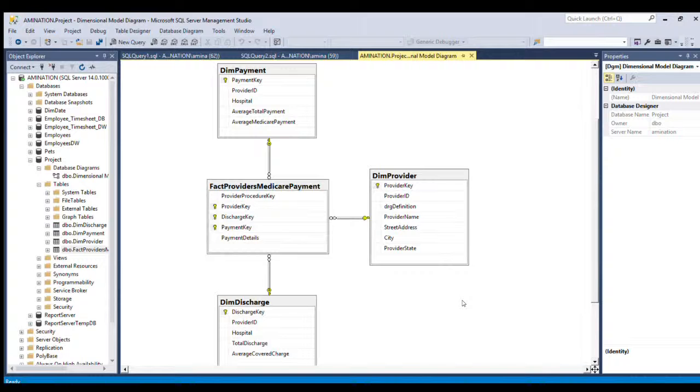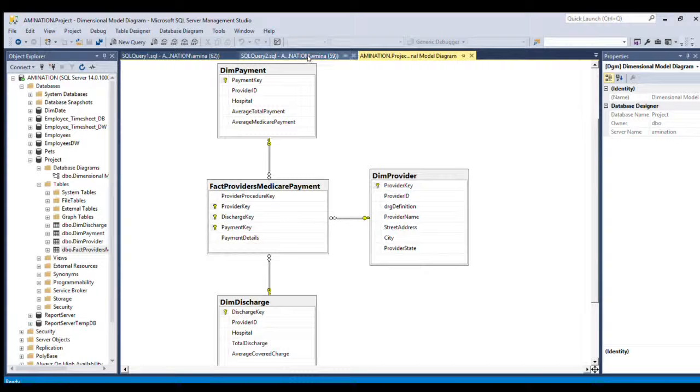The diagram consists of 4 tables, which is 1 fact table and 3 dimension tables. The fact table is fact provider Medicare payment, and the 3 dimension tables are dim payment, dim provider, and dim discharge. The primary key for dim discharge is discharge key, provider key for dim provider, and payment key for dim payment. So this is the dimensional model diagram for our project.